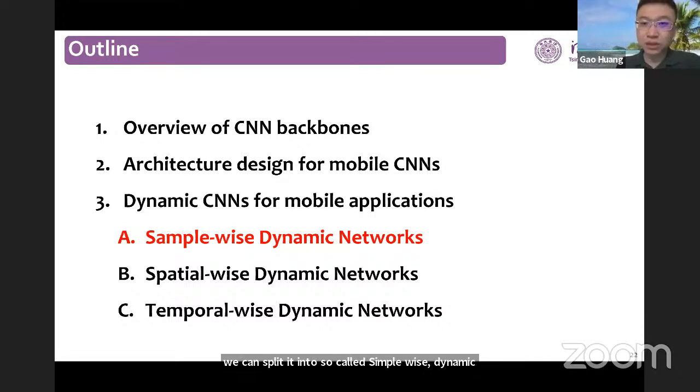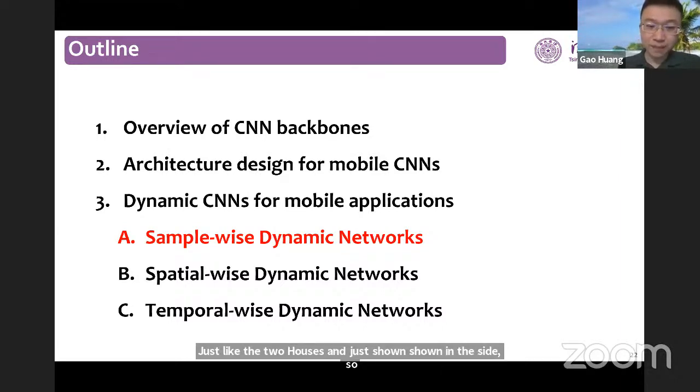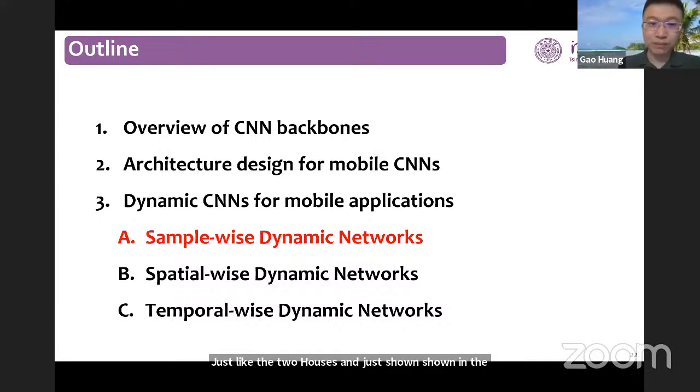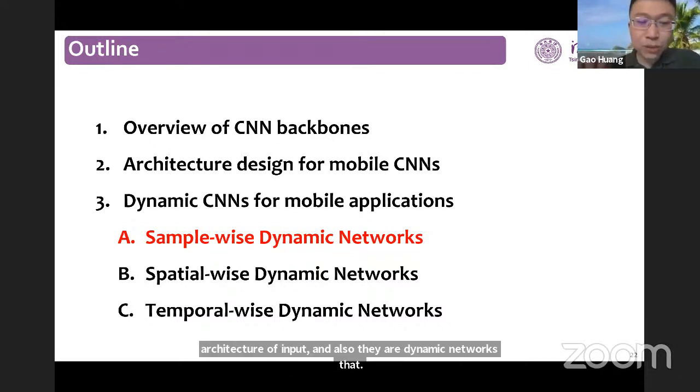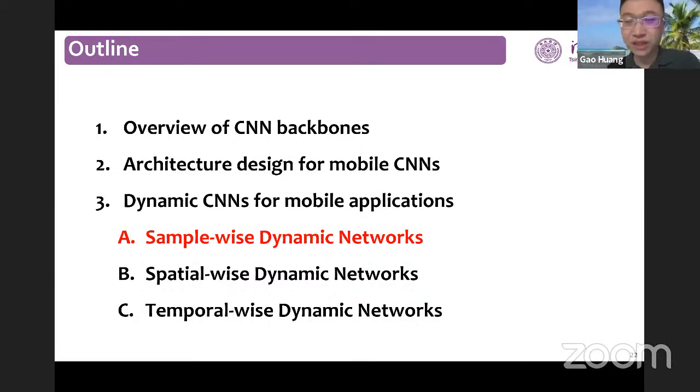That is, the architecture or the parameters will change conditioned on different samples, just like the 2 horses shown in the slide. Also, there are dynamic networks that can perform spatial-wise adaptive computation. That is, given one image, you can dynamically allocate computation to different pixels or different regions in the image.